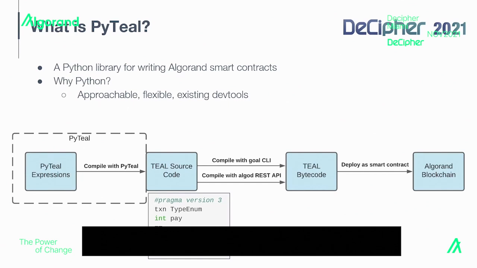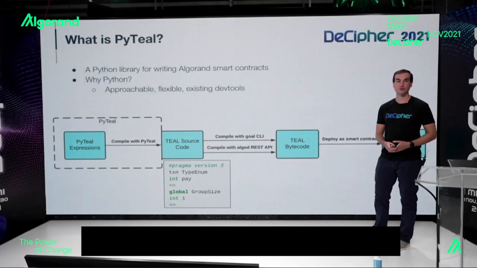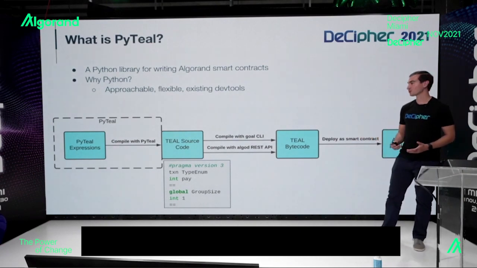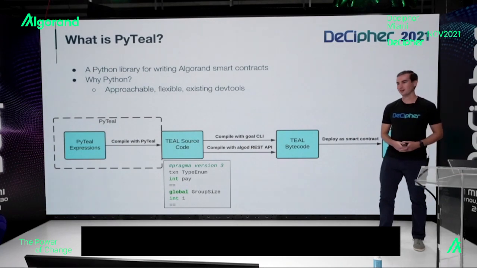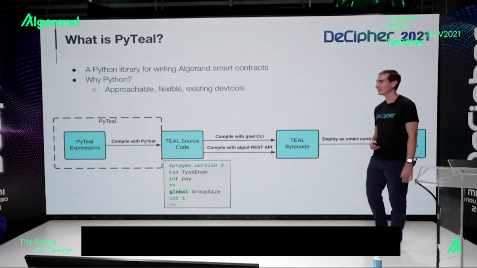To start with, PyTeal is our library for writing smart contracts in Python. A lot of people ask, why Python? Why didn't you create your own fancy language on top of Teal? And the short answer is, a lot of people use Python. It's super approachable. It's a very flexible language, which allows us to do some of the interesting things that we do for PyTeal.